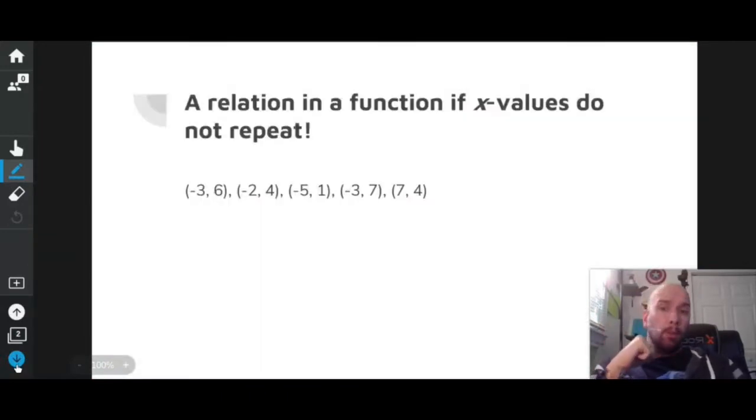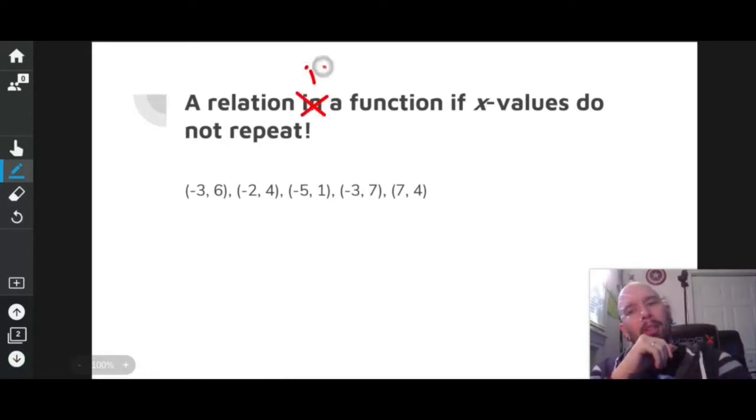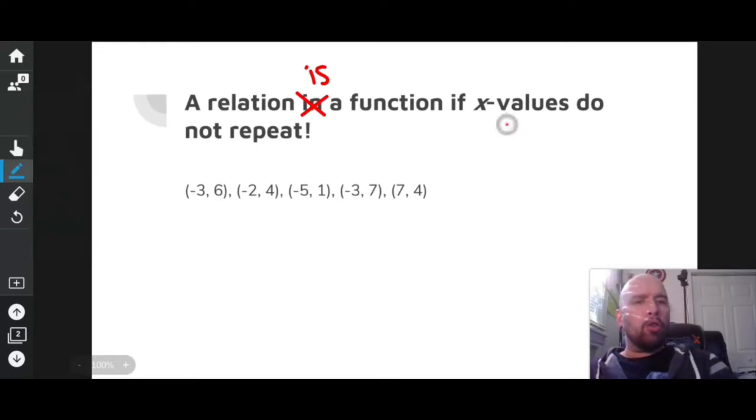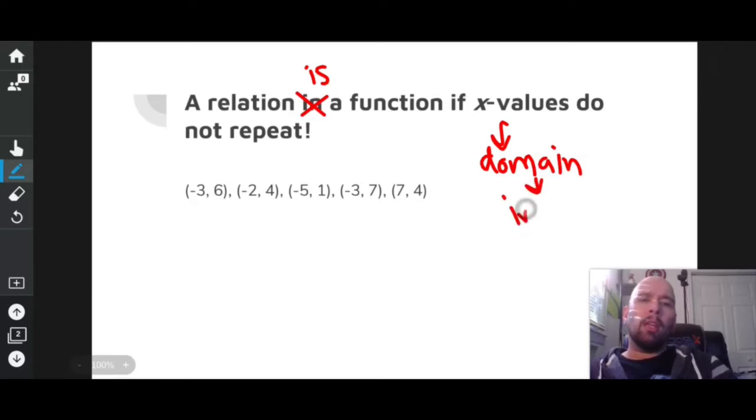A relation is a function if x values do not repeat. X values, also known as the domain, also known as the input. They all mean the same exact thing, but they're not allowed to repeat.